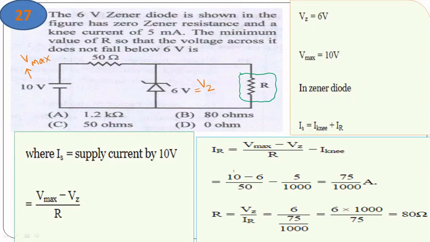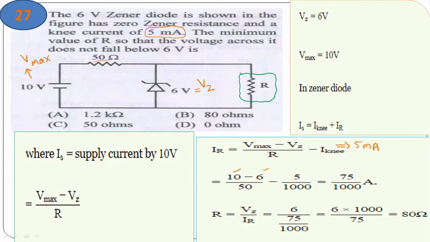Vmax, as we know, is 10 volts, minus Vz which is 6, and the R given over here is 50, minus IK, that is the knee current. As you can see here, the knee current is given as 5 milliamperes, which I can consider.